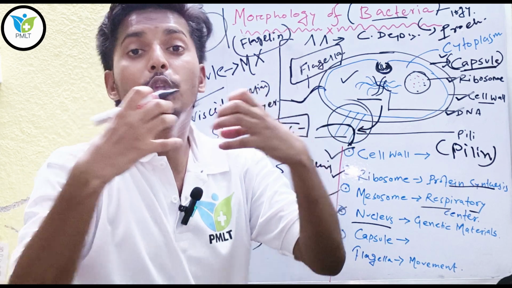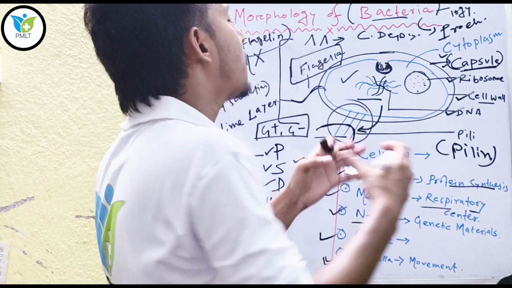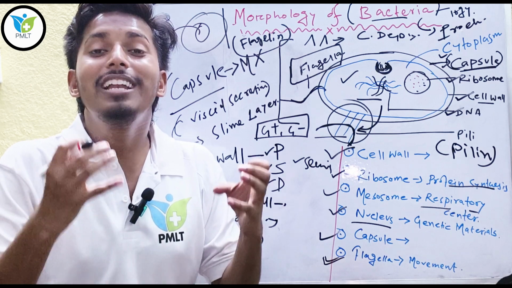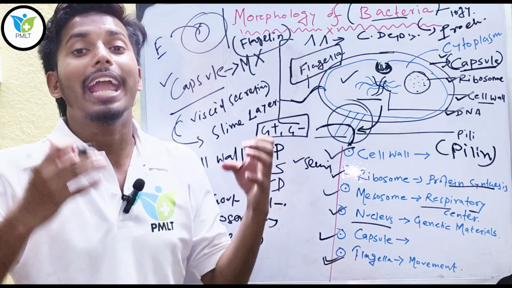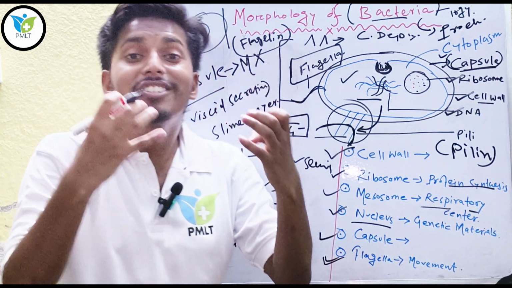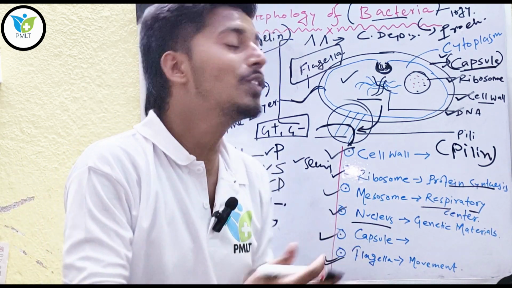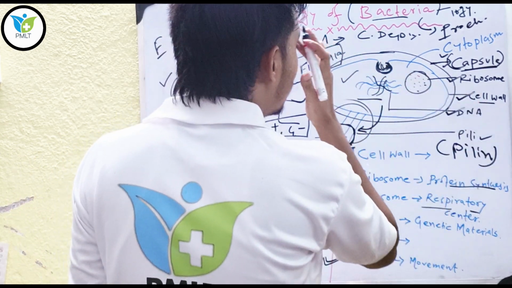Without the pili, conjugation cannot happen. So pili's function is conjugation, attachment, and transfer of genetic materials. Understood? That's all about pili.